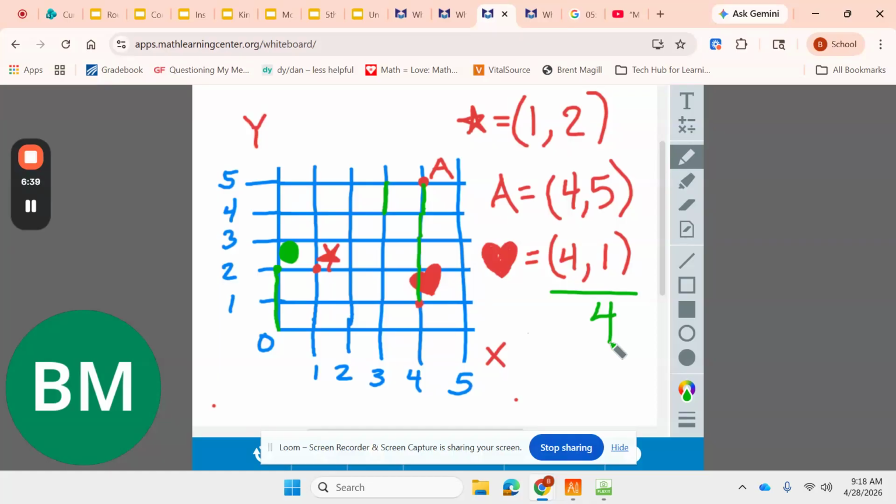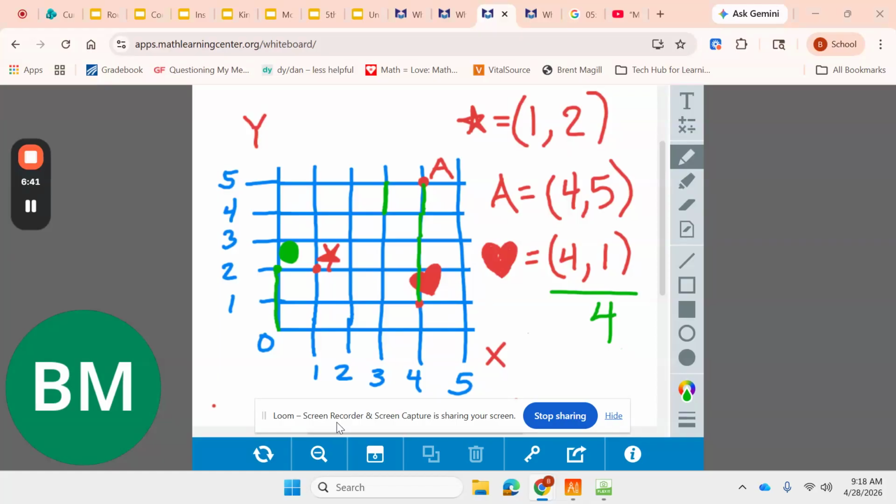All right. So another kind of problem we might ask ourselves is, how could you make a rectangle using point A and the star shape? What would be the other vertices in the figure?